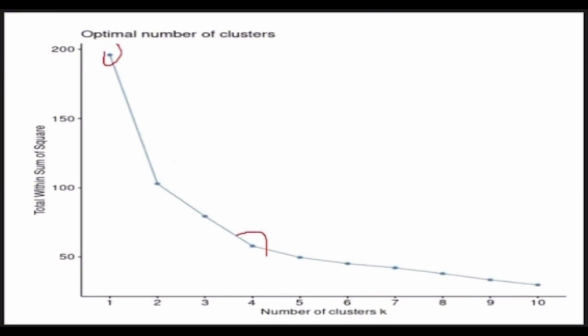And as you increase the number of clusters, you see a decline in the total within sum of square. But we don't want to waste the number of clusters. With the elbow method, we are able to see where convergence has taken place.